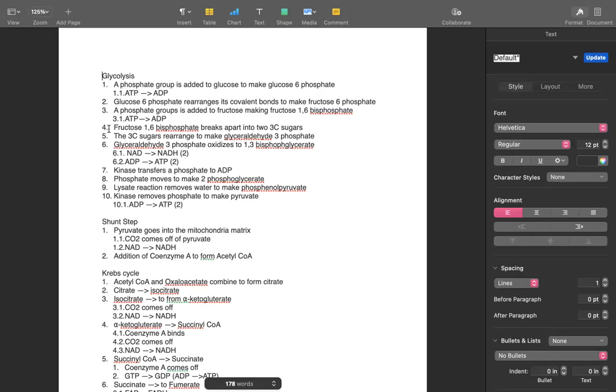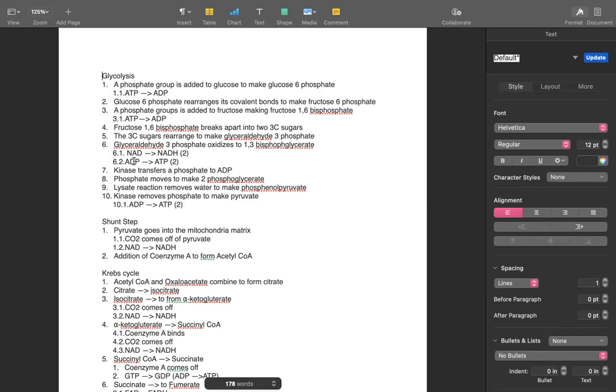So anyway, our fructose 1,6-bisphosphate breaks apart into these 2 3-carbon sugars, and these 3-carbon sugars rearrange to make glyceraldehyde 3-phosphate. This is then oxidized into 1,3-bisphosphoglycerate.